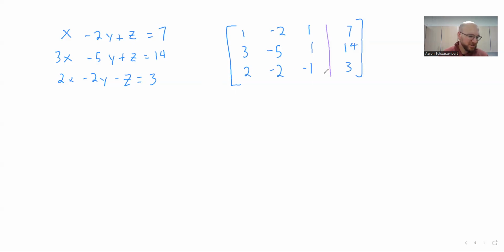And so this is my augmented matrix, okay? If you look at the book, you'll see they took these equations and simplified them down to the point where you end up with these.